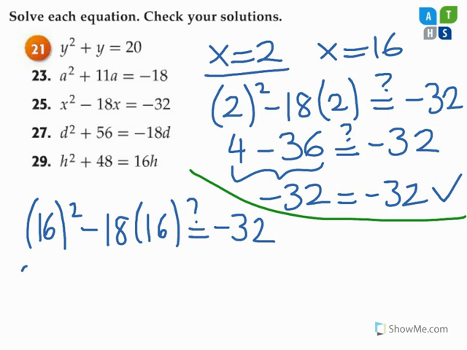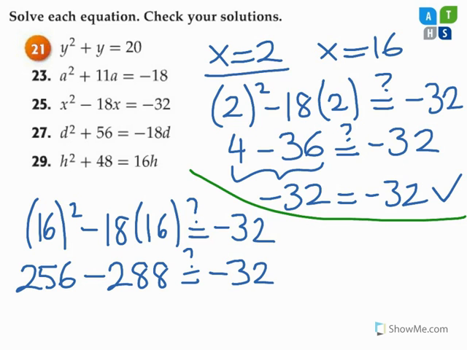Now, 16 squared is 256, whereas 18 times 16 is 288, equals minus 32. Now again, if we do the subtraction on the left hand side, we are going to find minus 32 equals minus 32, so we are done in this solution too.